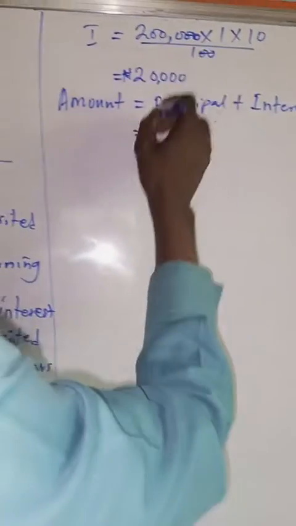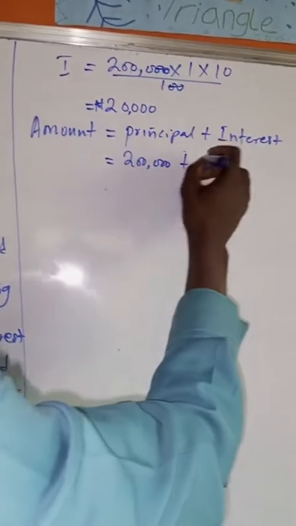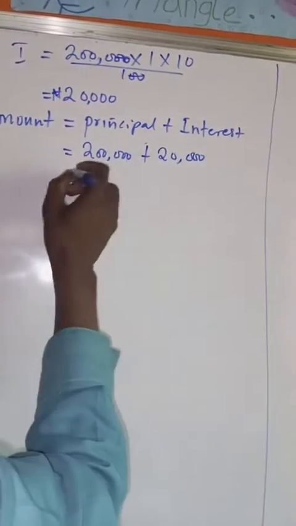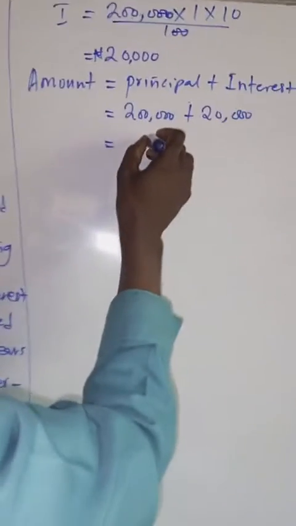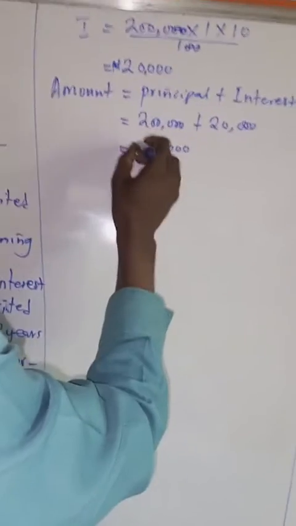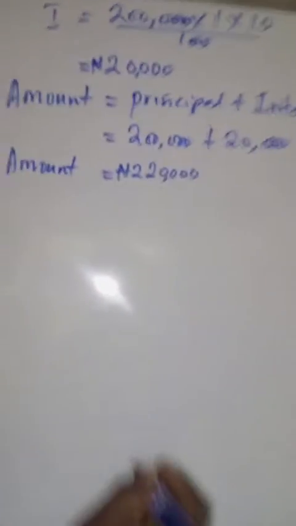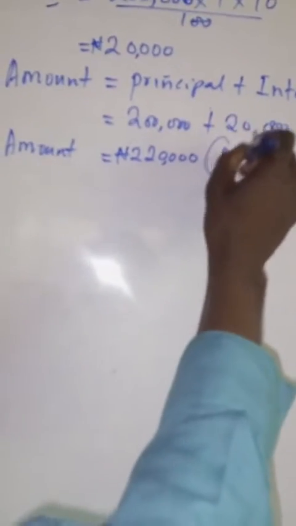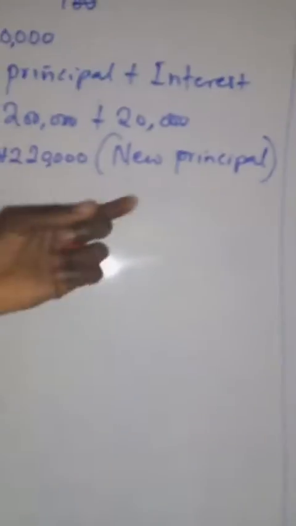So my principal is 200,000, add the interest of that year, 20,000, and that gives me 220,000. This amount that I have in the bank now will be my new principal for the second year.